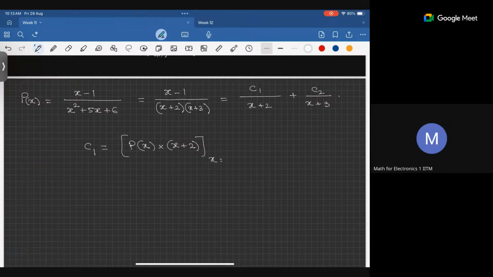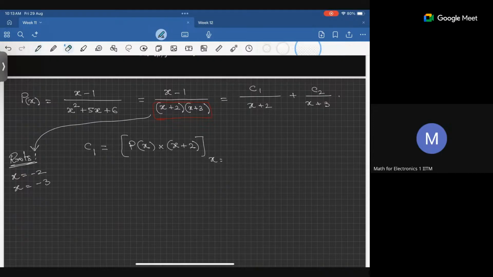So you have to evaluate at roots of the denominator polynomial. If you are confused, write down the roots of the denominator polynomial separately. So x plus 2 into x plus 3 has two roots: x is equals to minus 2, x is equals to minus 3.